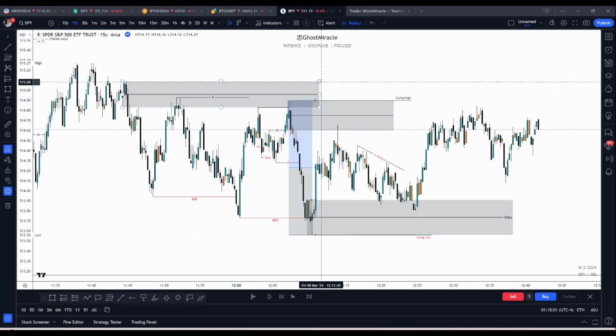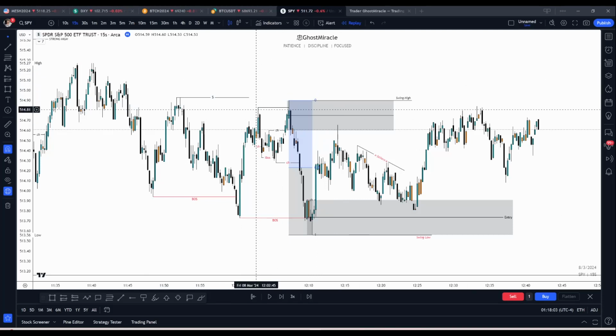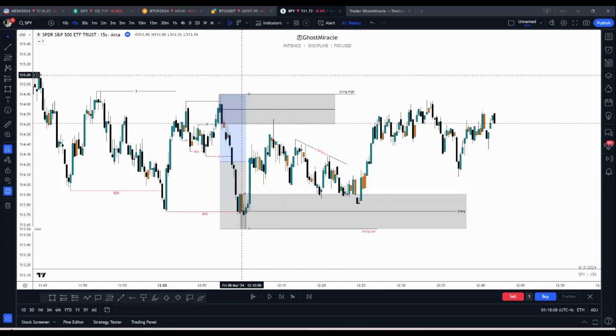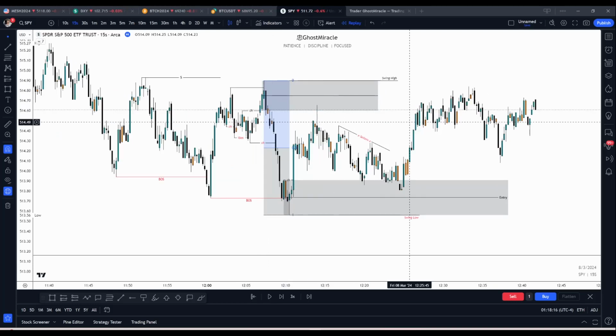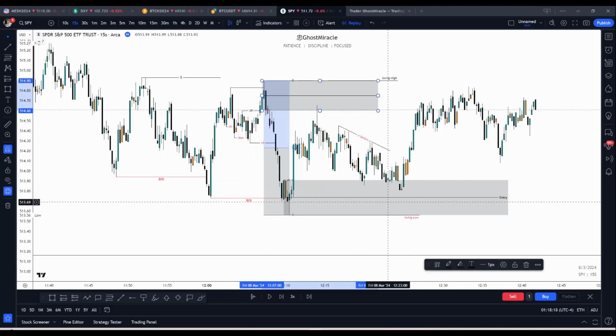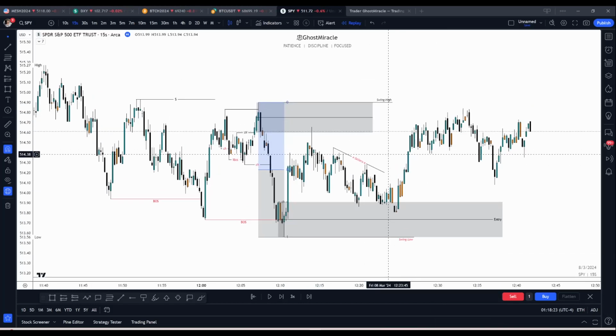It just was mitigated with some liquidity or whatever. But either way, it technically broke this high, right? And that just goes back to people using wicks for breaks and not using wicks for breaks or whatever. But this is still technically a valid supply.